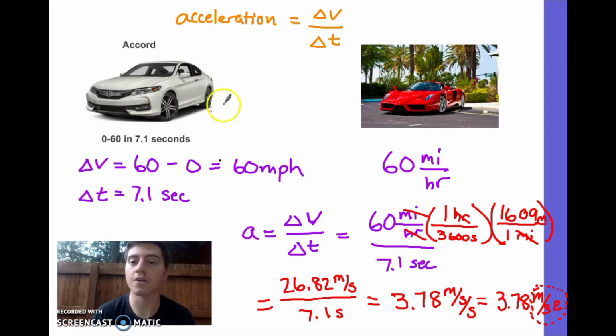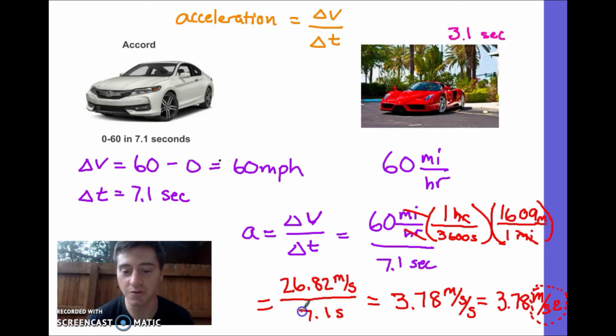So that's for a Honda Accord, but for a Ferrari Enzo it's a little different. They can go 0 to 60 in 3.1 seconds. What's the acceleration there? Well, the good thing is, since it's 0 to 60 miles per hour and we have this in seconds, the change in velocity is still 60 miles per hour. So we can keep this conversion, 26.82 meters per second.